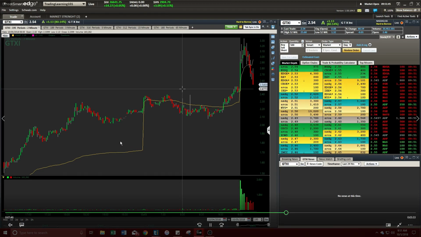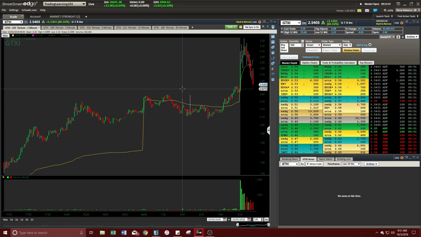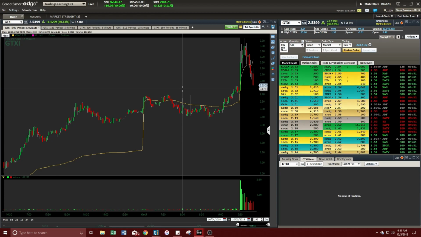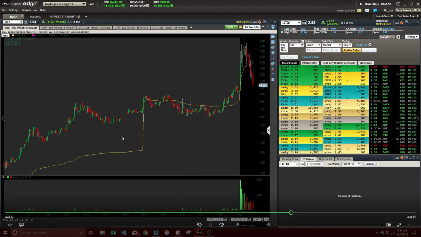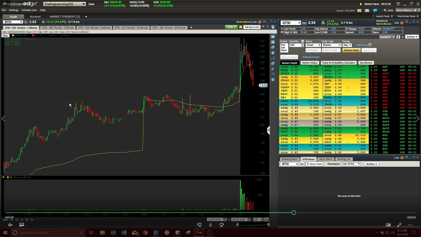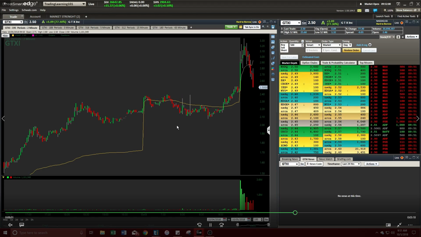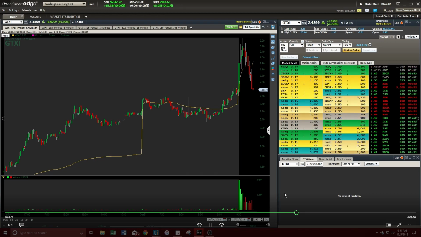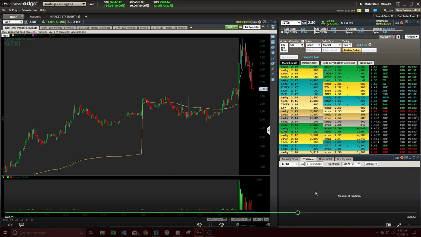And here it goes, breaking down through 260 into 250. 250 is going to be a big area. This is about where it found resistance, right here in this area. Comes through 250 and just blows through it.